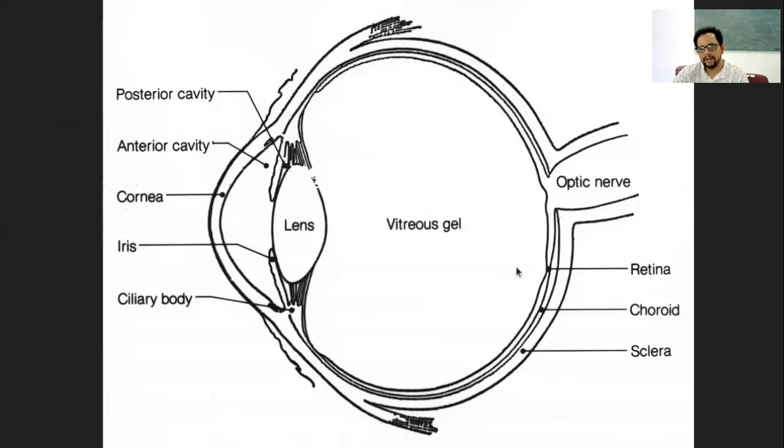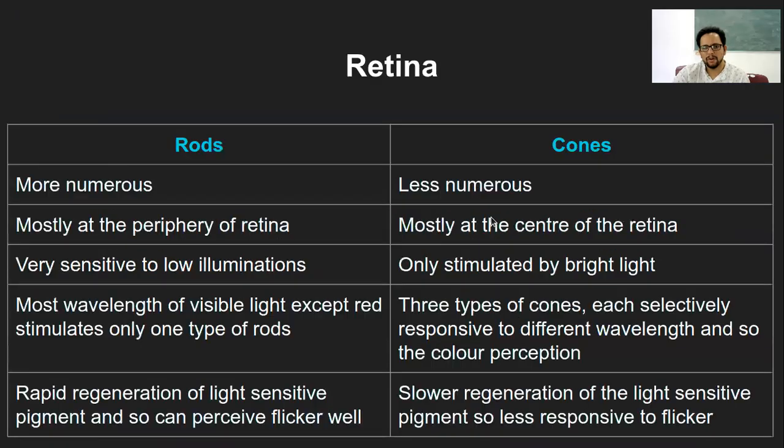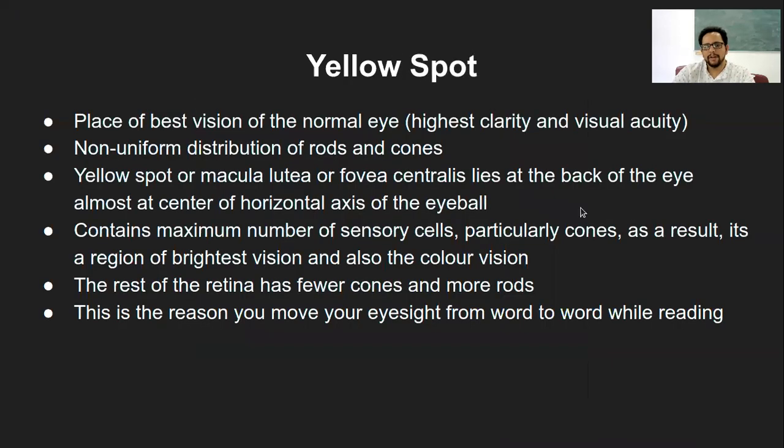So on the retina, which is the back side of the eye, the point at which the horizontal axis meets the retina is called the yellow spot or the macula lutea. And this point has the best vision. So if the focal point is forming at the yellow spot, the person, whatever he or she is looking at, will have the best sight.